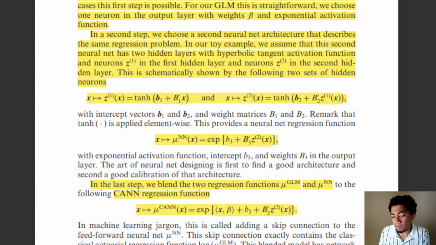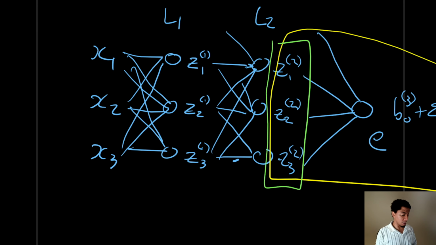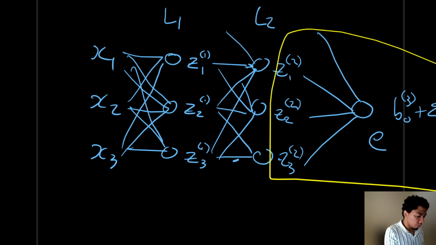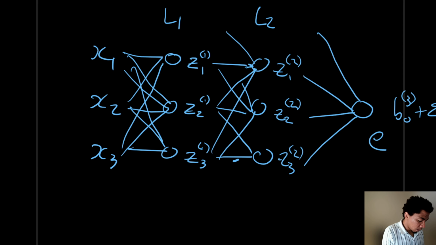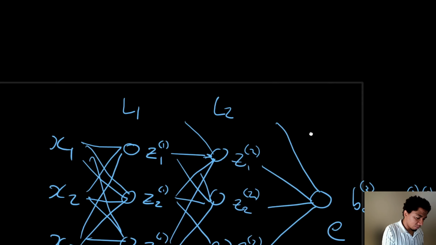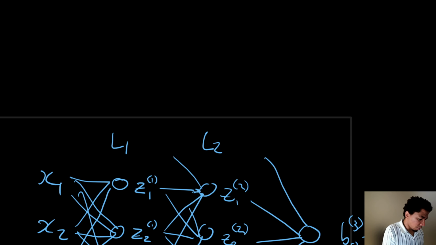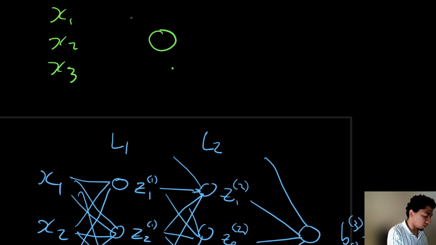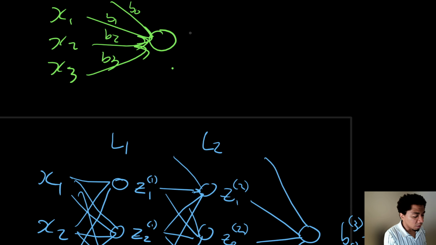So to illustrate this again, going back to our example here, so let me just remove this here. Remember in our first step, right? So you've got x1, x2, and x3, and you've got a single neuron there, and those are inputs into this neuron. You've got beta 0, beta 1, beta 2, beta 3, and this becomes your GLM.